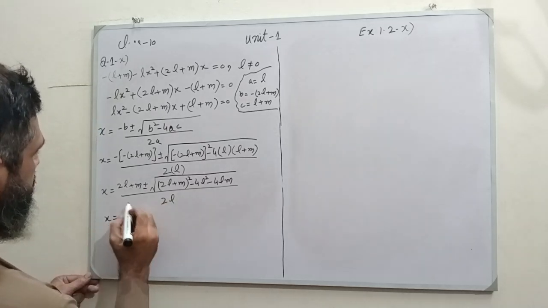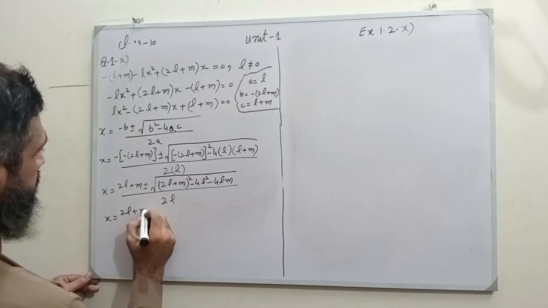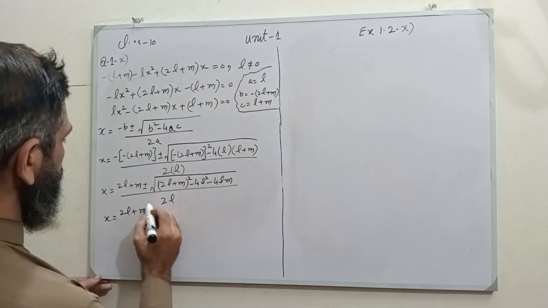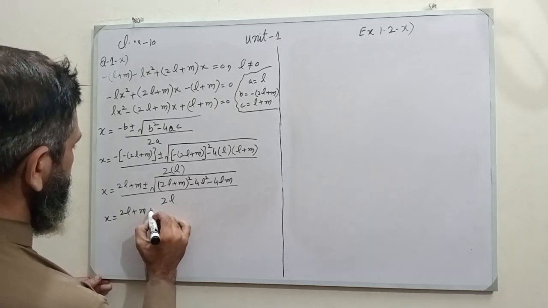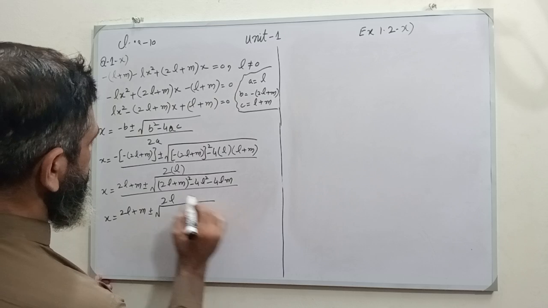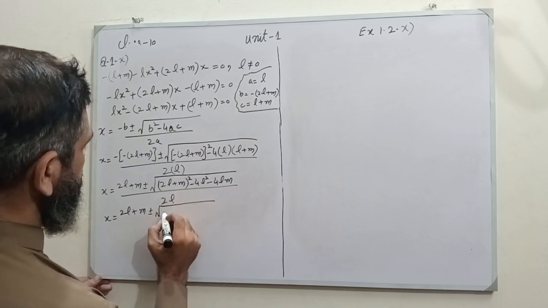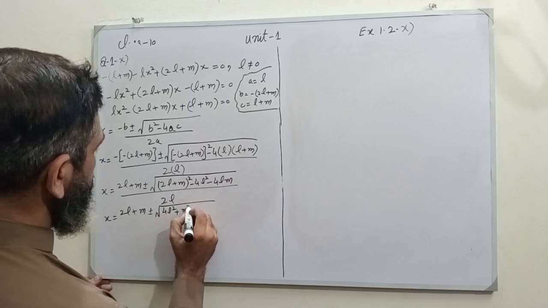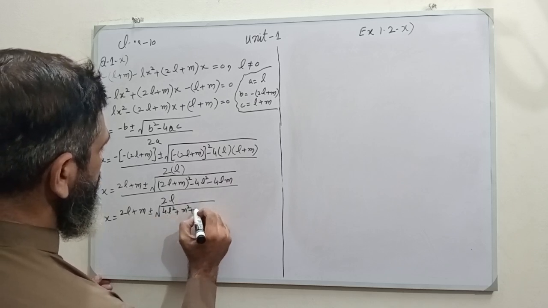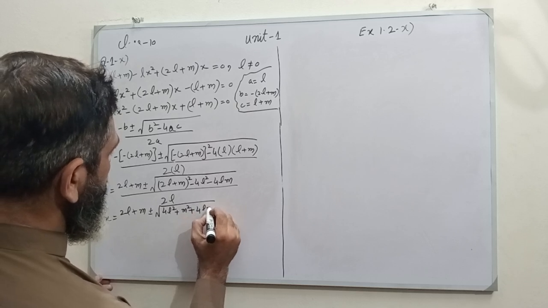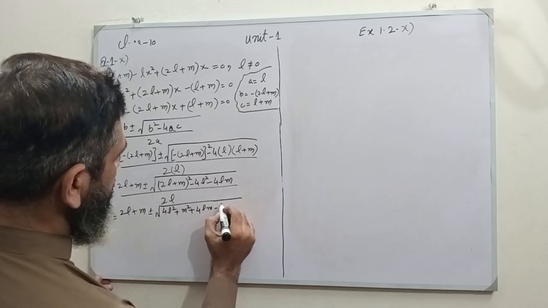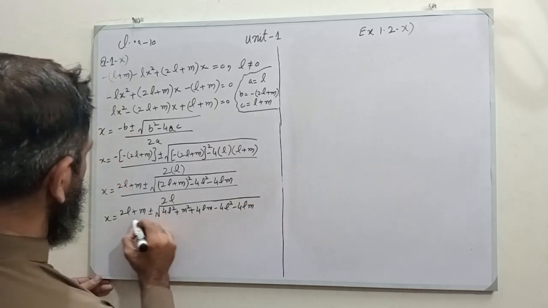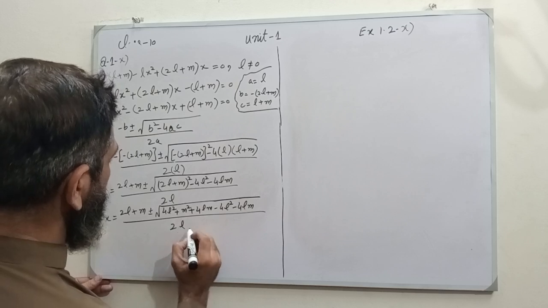So X is equal to 2L plus M plus minus, this one is a plus b whole square, 4L square plus M square plus 4LM, this one minus 4L square minus 4LM divided by 2L.